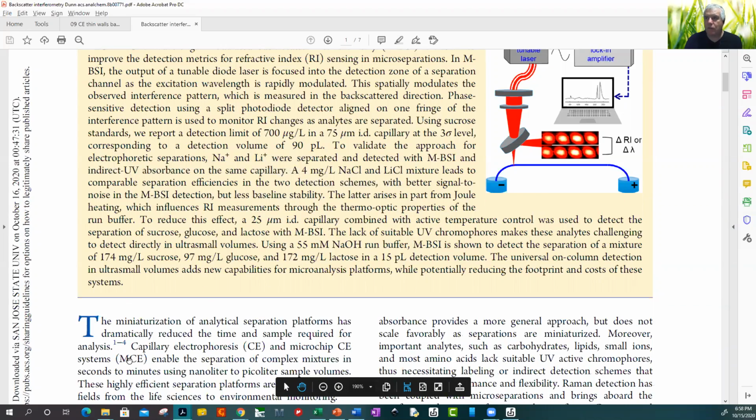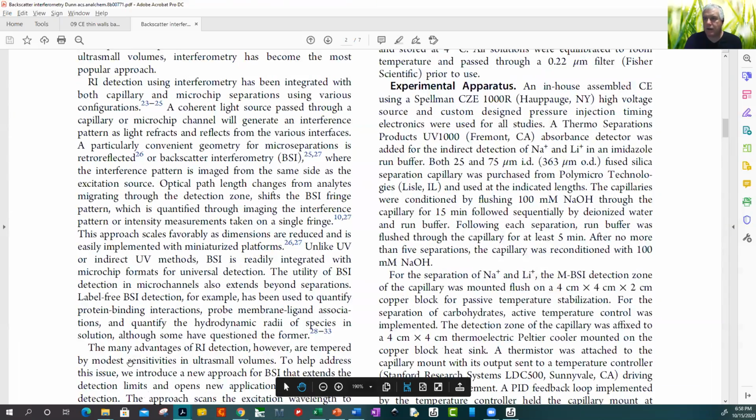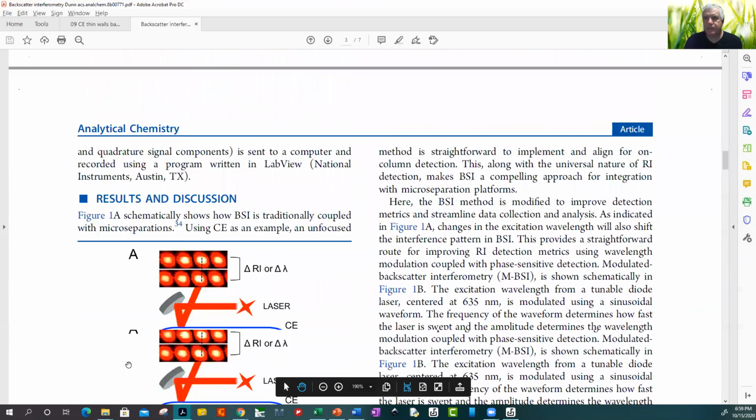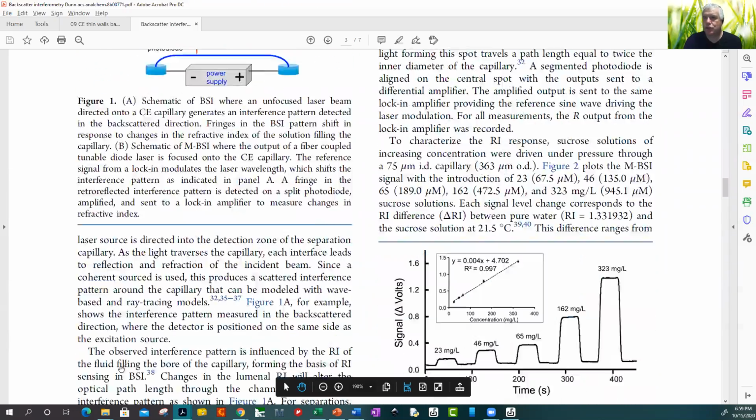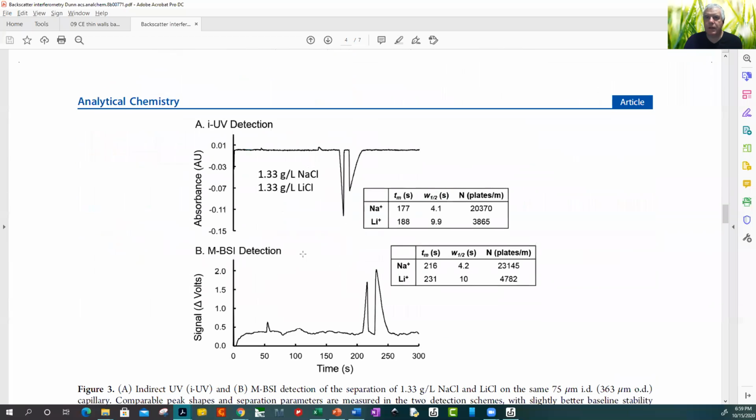So let's look down here at what they saw. And this relates to the article that we're looking at above, but you know, who cares? Here is the backscatter detector, 2346. These are parts per million, right? And then this is the backscatter detector. This is the ultraviolet absorption detector.